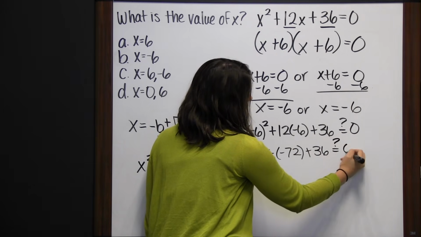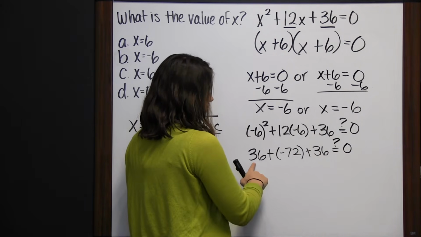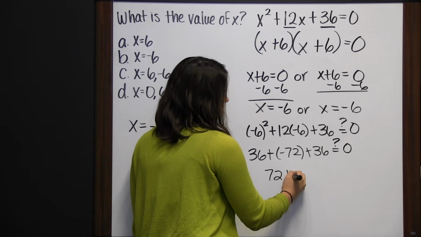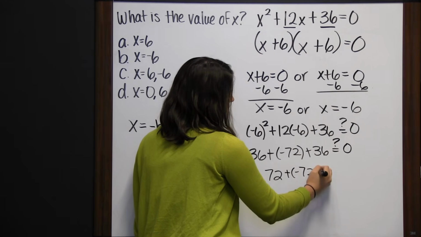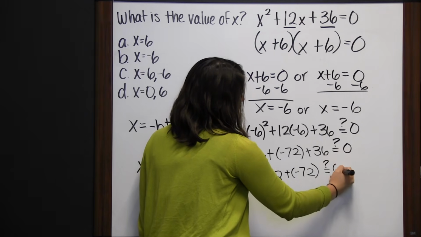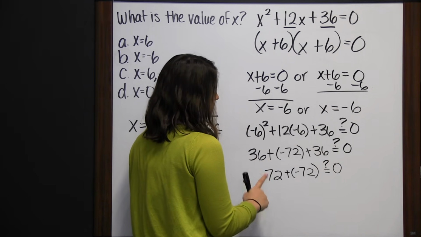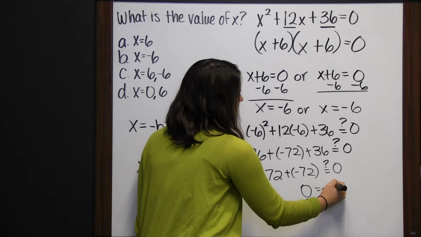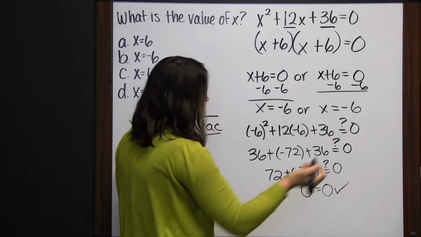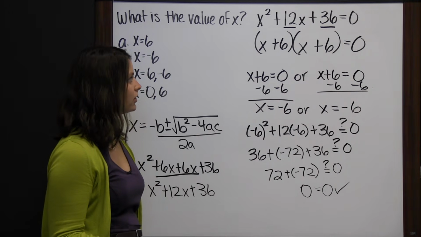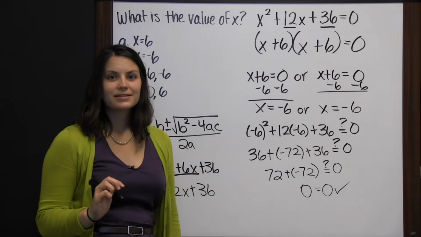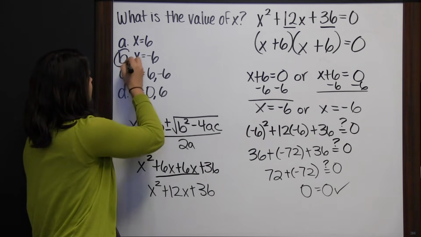And again, I want to know if that equals 0. 36 and 36 is 72, plus negative 72. 72 plus a negative 72 is in fact 0. 0 does equal 0. So we can see that we solved our equation correctly. We found the value of x, negative 6.